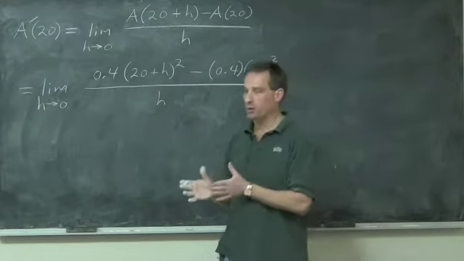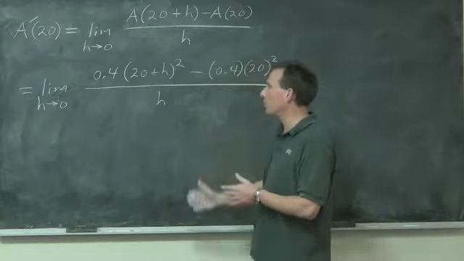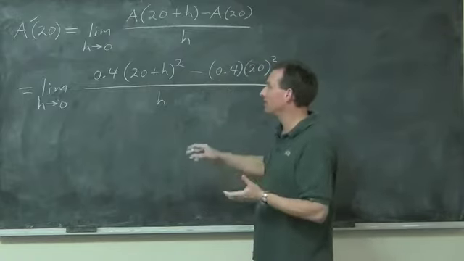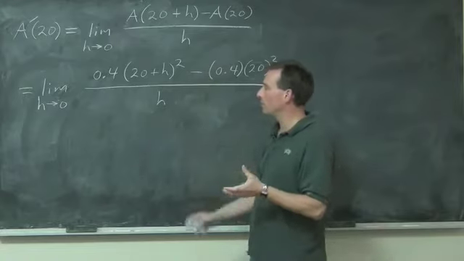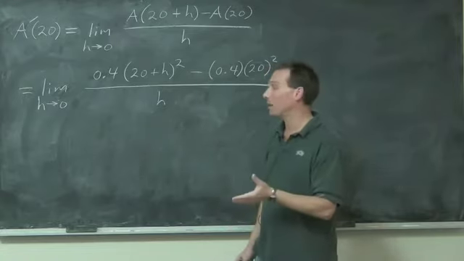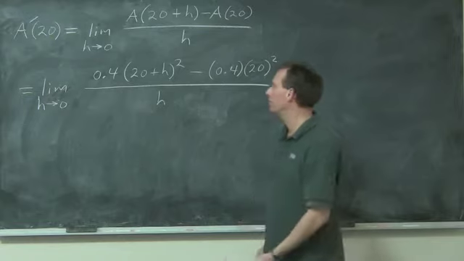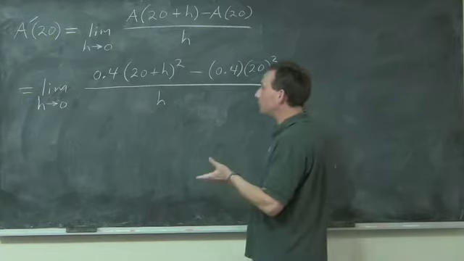We know we can't put in h equals 0 because we'll get 0 over 0. Our question is, okay, h is not 0, but can we make this arbitrarily close to some number by picking h close enough to 0? So let's do some algebra.